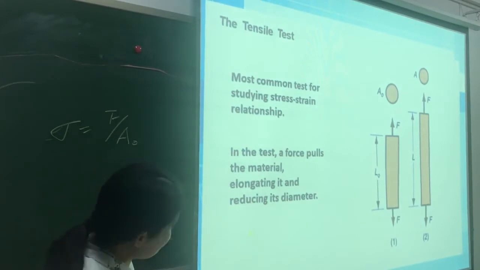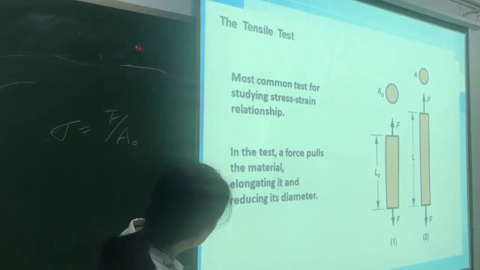The tensile stress is measured by a tensile test.